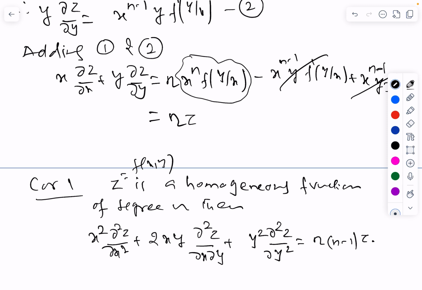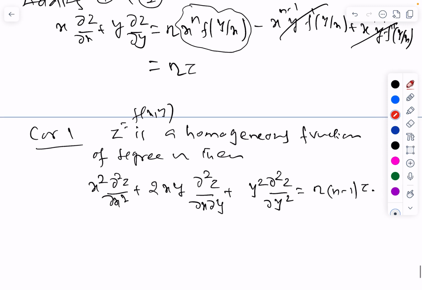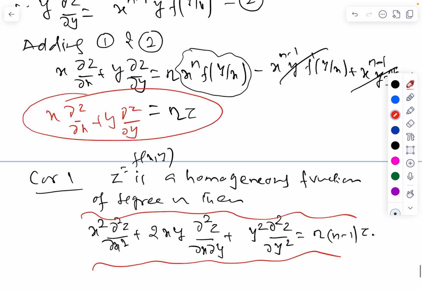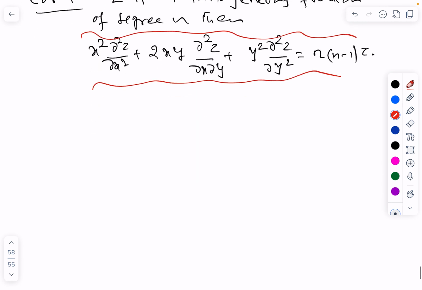Now we can solve some examples. So you need to remember this and this one, if z is a homogeneous function of degree n.